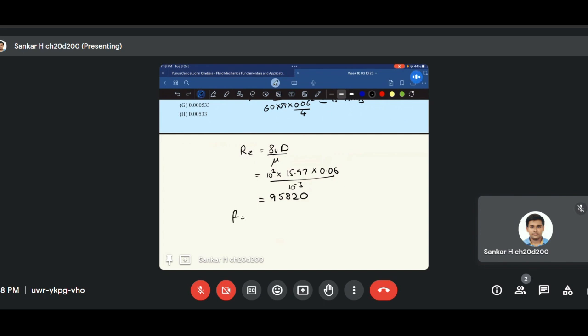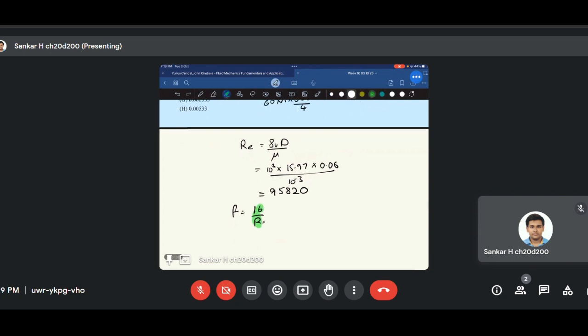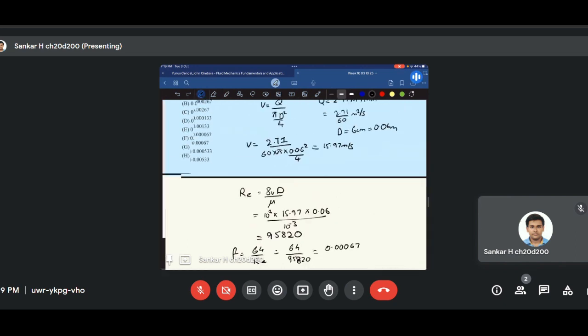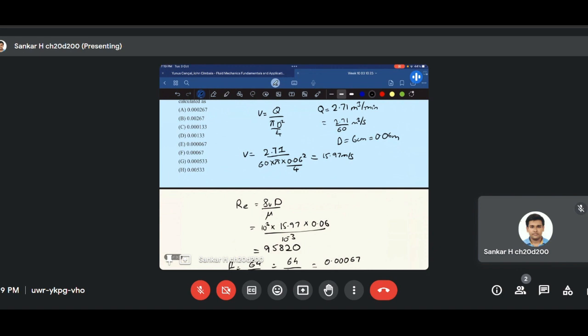And the friction factor is given by 64 by the Reynolds number, which is 64 divided by 95820, which will come out to 0.00067 as the answer. Option F here would be the right answer.